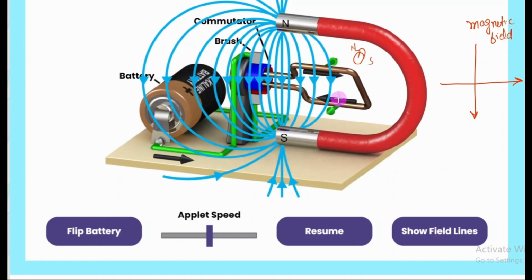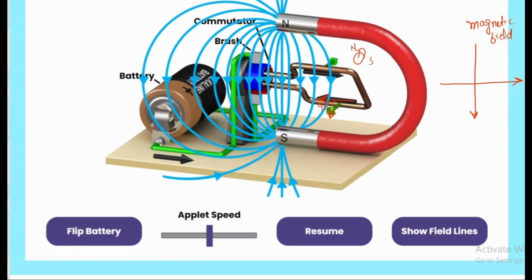So the magnetic field of the external magnet and this force are perpendicular to each other, and similarly this is the direction of the electronic current, and this is the direction of force exerted on this conductor. So they are also perpendicular to each other. The force exerted on this conductor is perpendicular to the external magnetic field, and also to the direction of the current.